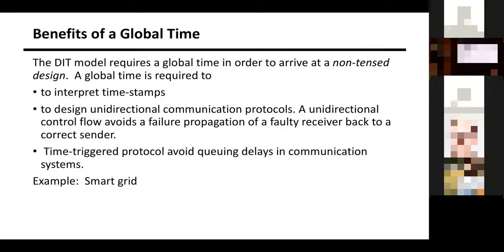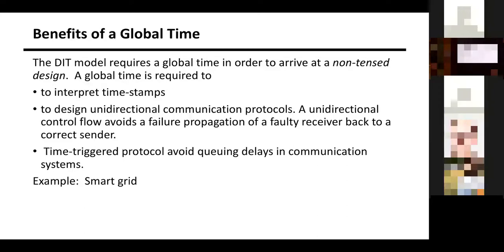And I think the global time, which is part of the DFT model, is a very important variable in any real-time system, particularly if it's distributed, because it's needed to introduce the timestamp and to interpret the timestamps.